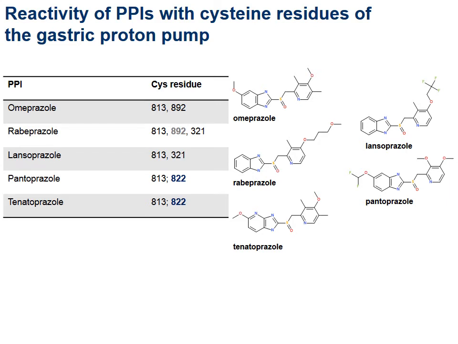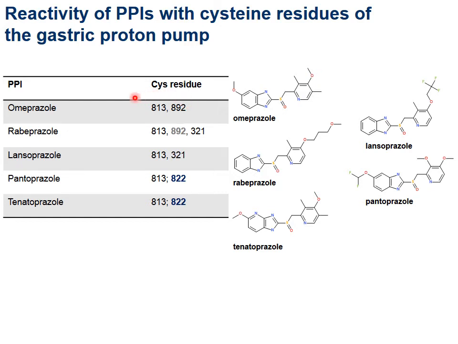So that's just the position of that amino acid. So they all react with this particular cysteine side chain. However, you can also see that most proton pump inhibitors interact, at least to some degree, with other cysteine side chains of the proton pump.